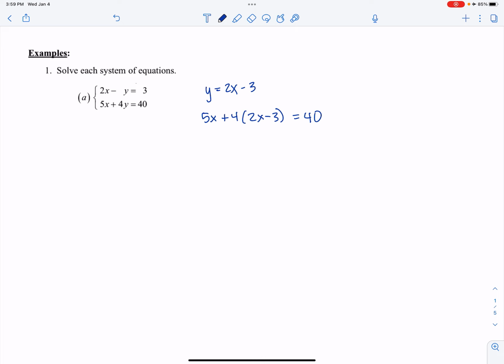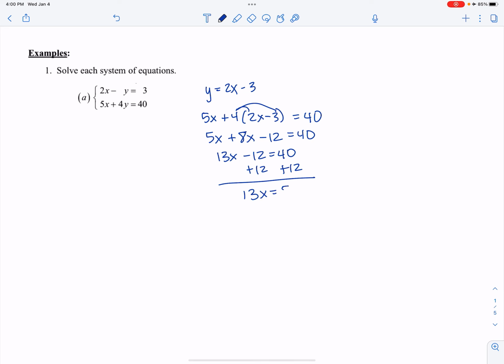And then let's distribute. 5x plus 8x minus 12 equals 40. Then we have 13x minus 12 equals 40. If we add 12 to both sides, 13x equals 52. And then divide by 13. x equals 4.